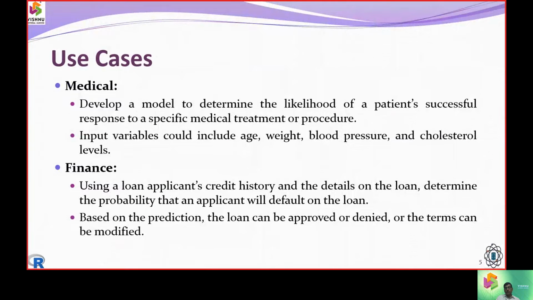There are some use cases where logistic regression is applied. One is the medical sector, where they develop a model to see the likelihood of a patient's treatment being successful.